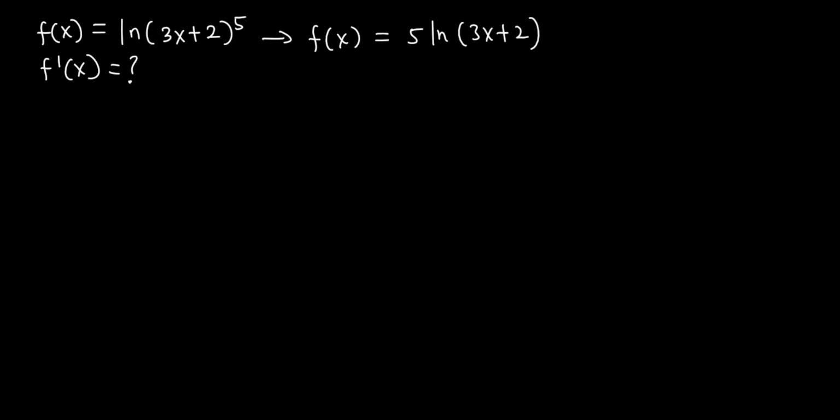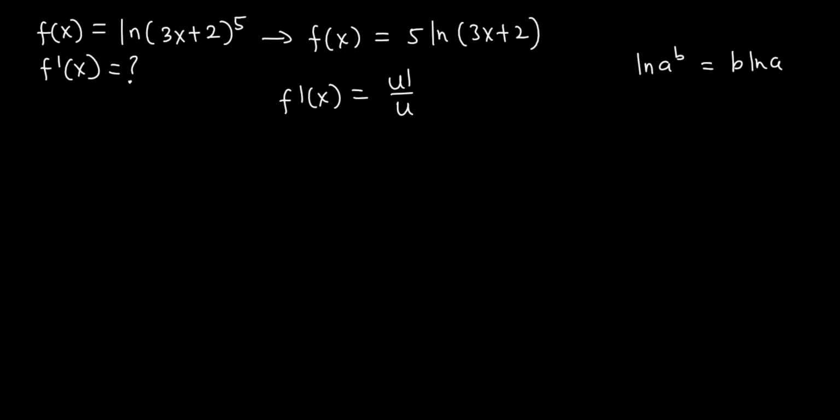which says that if we have the natural log of a to the power b, this is the same as b ln of a. So this is what I applied here. Now let's find the derivative of f of x. I'm going to have f prime of x equal to u prime over u times 5.